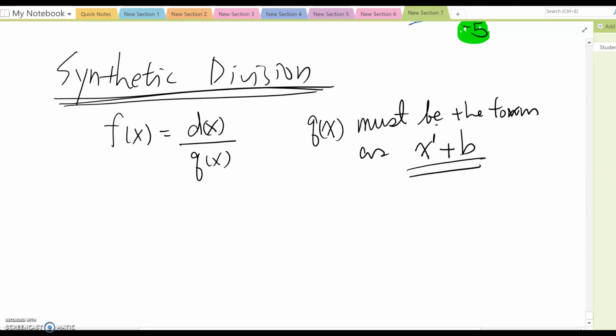That's the key point. It cannot be square, it cannot be cube either.